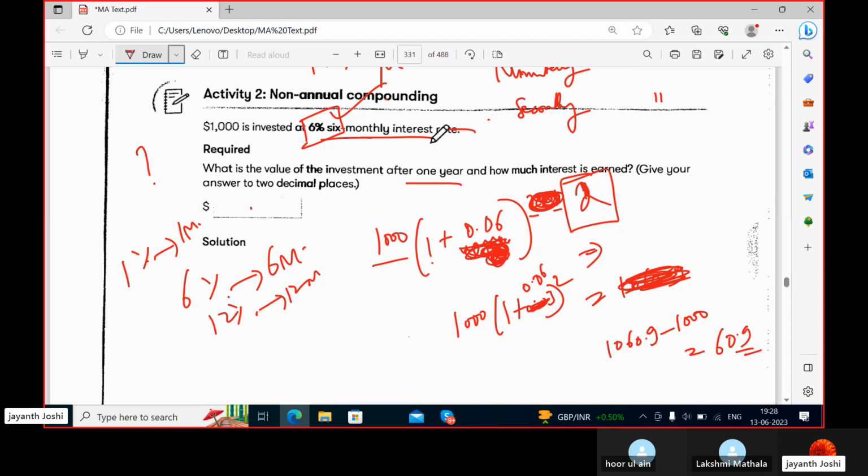It's 1.1236 into 1,000, 1123.6. So 123.6 is your answer. Okay, come on, do this fast. We'll move forward.